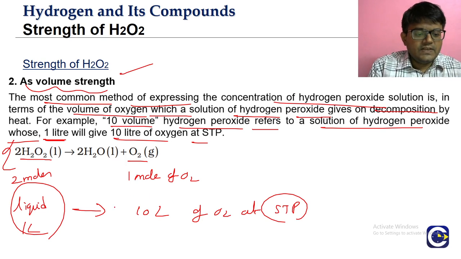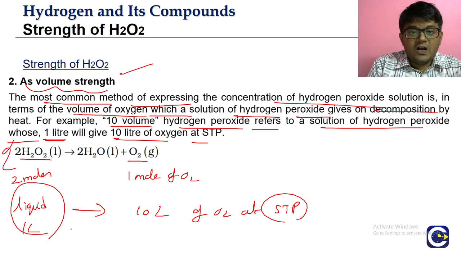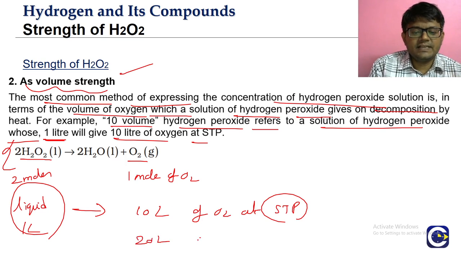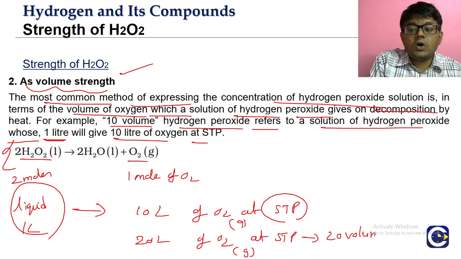If we take 1 liter of some other hydrogen peroxide solution and on complete decomposition it gives 20 liters of oxygen gas at STP, because the oxygen gas will be in the gaseous state, that is why we talk about temperature and pressure conditions when talking about the volume. This we will call 20 volume strength.